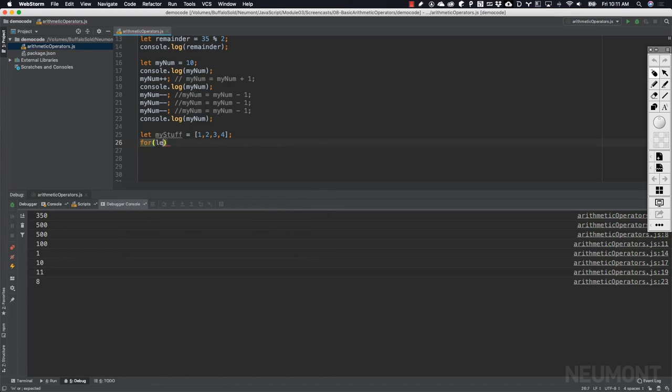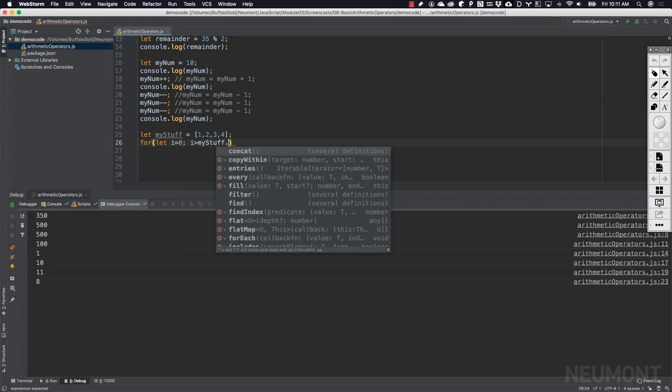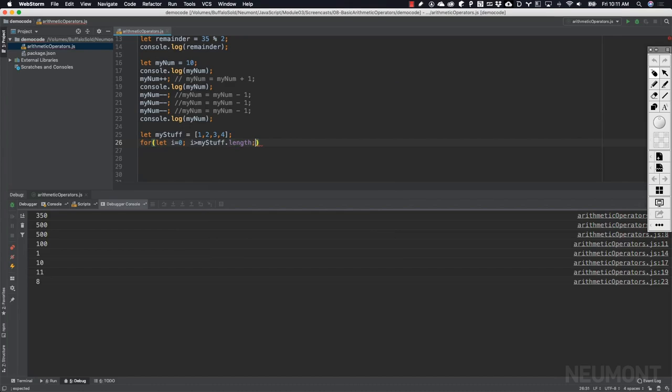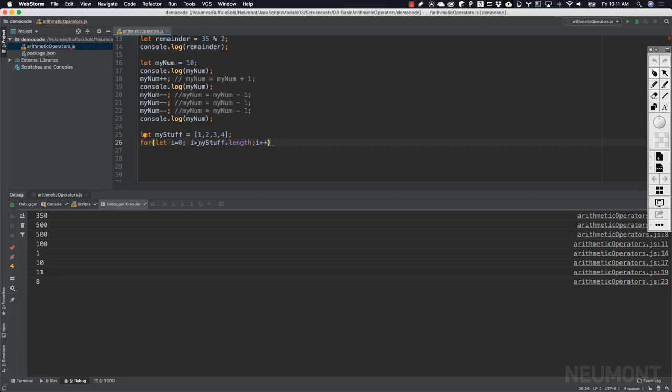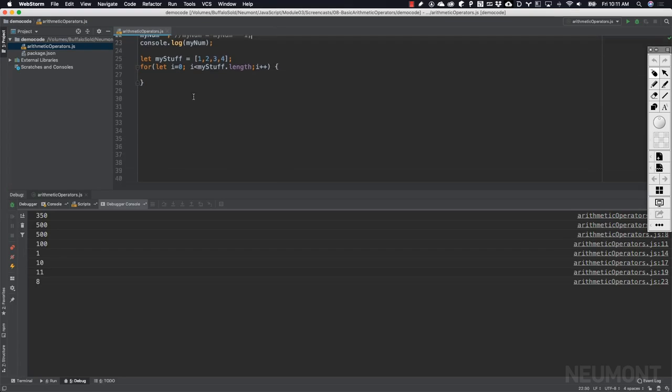For let i equal 0, i is greater than my stuff dot length, and then we're going to say i plus plus. Well, if we're starting at 0, we need to say if i is less than my stuff dot length.